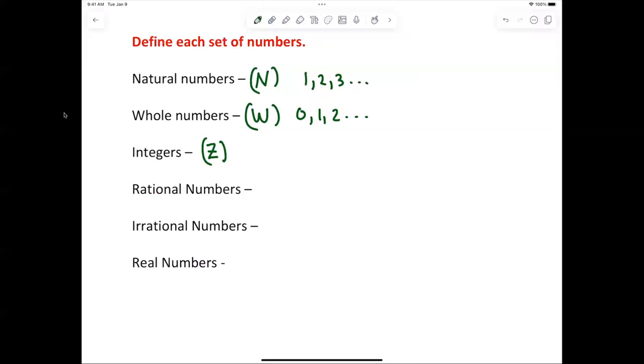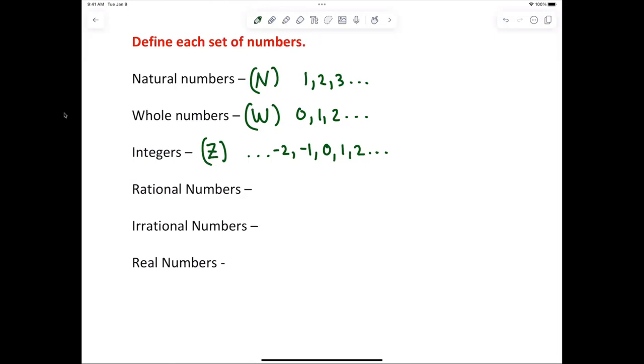So Z is referred to as integers. Those are all counting numbers, positives and negatives. Generally they say the counting numbers and their opposites. So that's a set of integers.